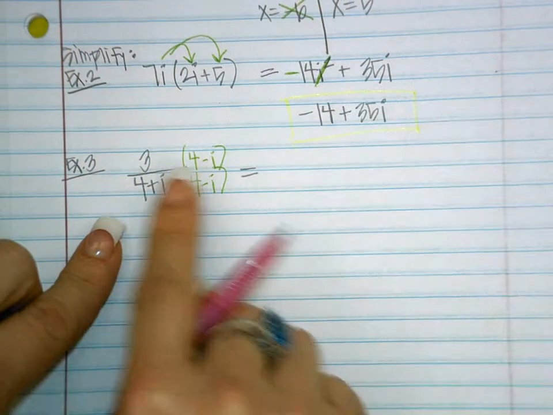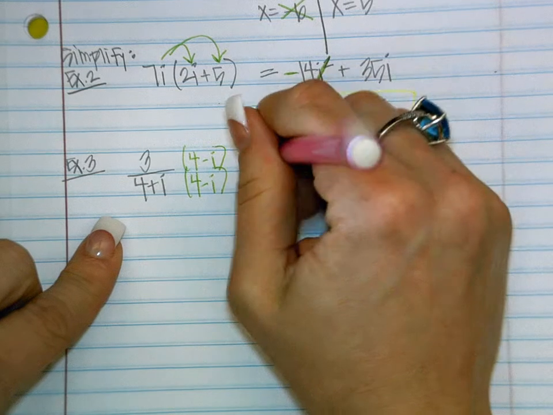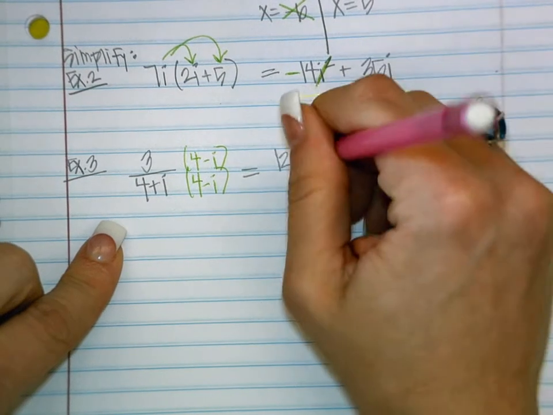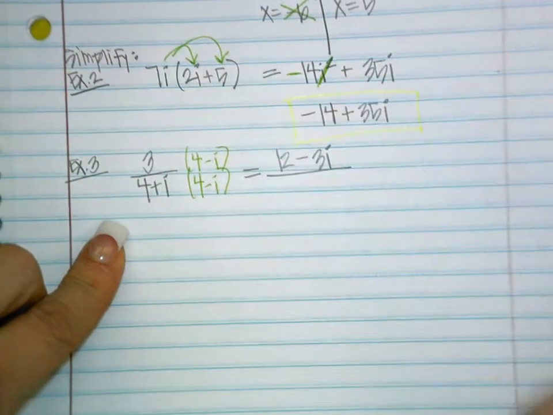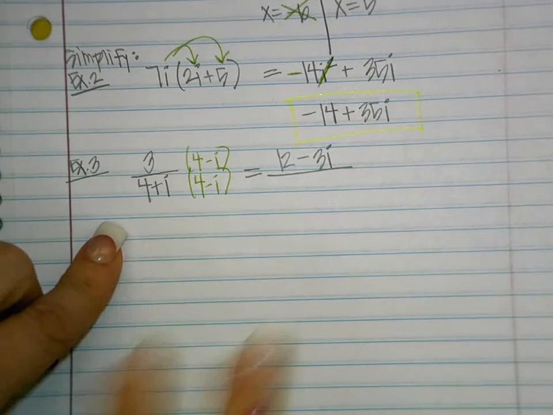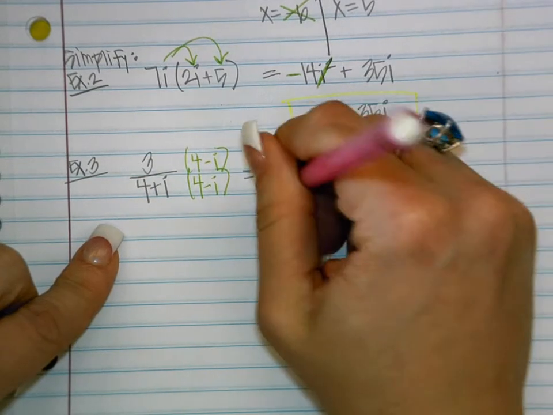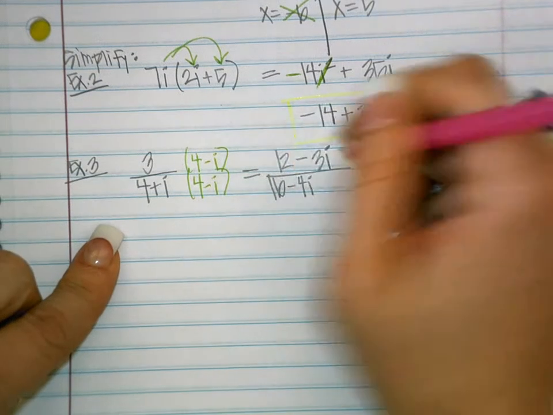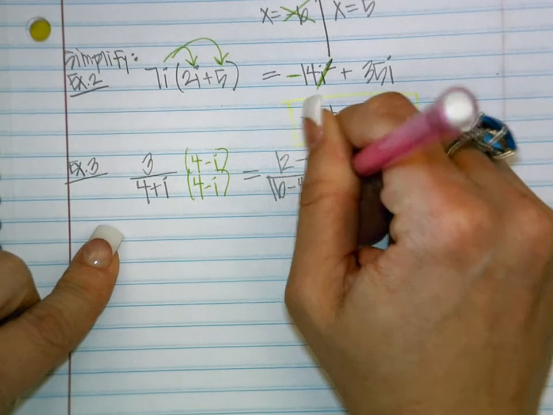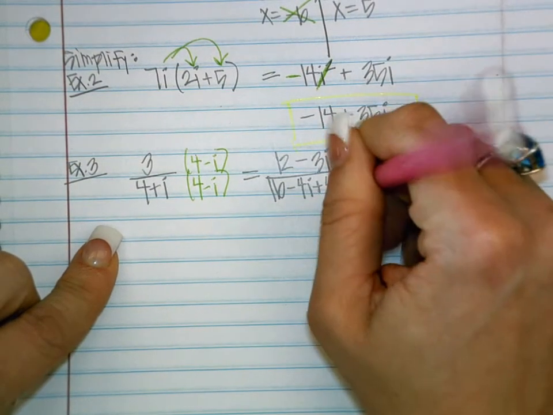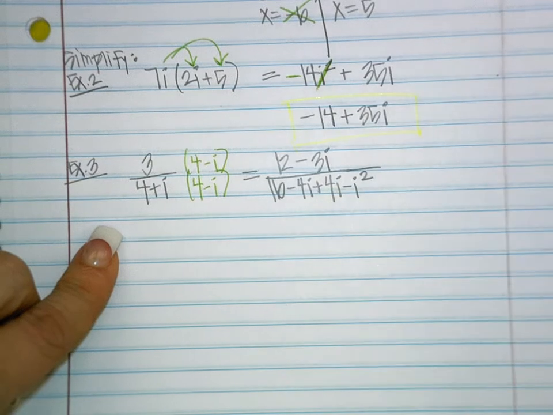In the top, you distribute, so 3 times 4 gives you 12, minus 3i. Over, in the denominator, you do have to FOIL, so first times first gives you 16. Outsides is minus 4i. Insides is plus 4i. And last is negative i squared.